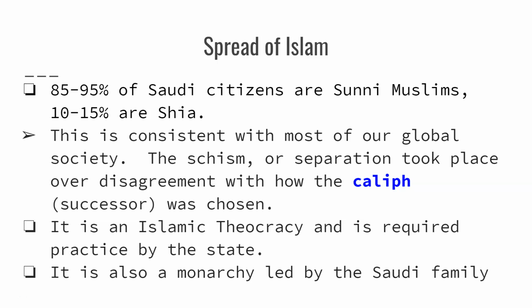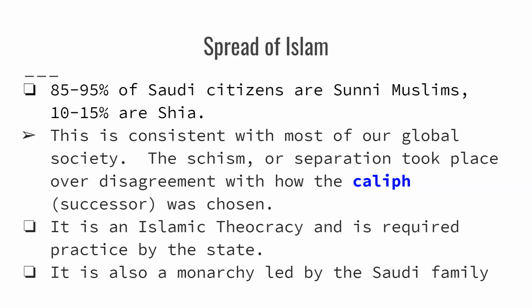When we look at Saudi Arabia's government, we could use 2 terms. The first one would be an Islamic theocracy. Anytime we have a theocracy, we have religious leaders who have power in the government, and certainly that is the case here. A lot of Islamic law is law in Saudi Arabia.